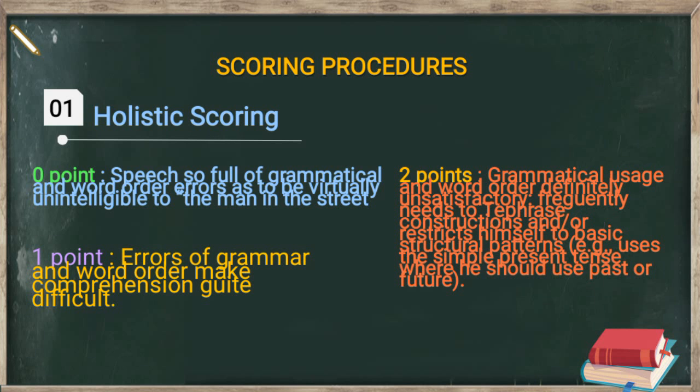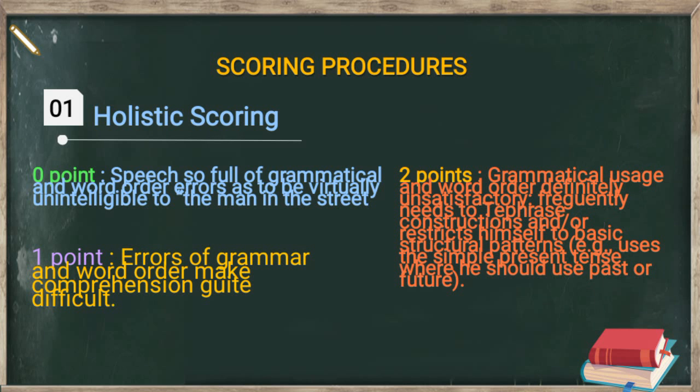The criteria for grammar and word order are as follows. 0 point. It means that speech is so full of grammatical and word order errors as to be virtually unintelligible to the man in the street. 1 point. It means that errors of grammar and word order make comprehension quite difficult. 2 points.